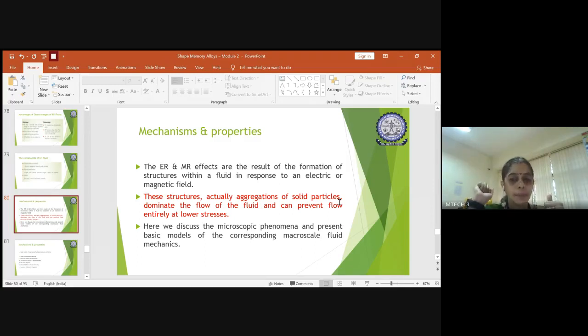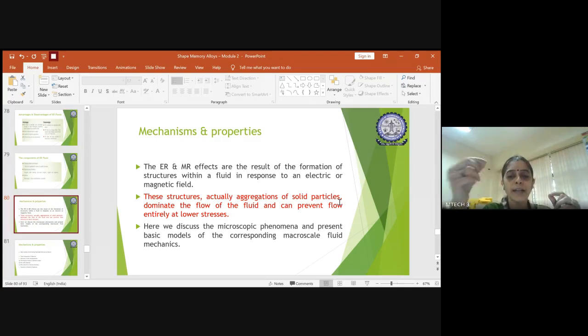flux absorbing capabilities. Similarly, if you are going for ER fluid, it is totally a dielectric material wherein you'll be adding some solid particles which have a tendency to provide some conductance in the fluid so that the electrical current can pass through. So it depends mainly on which effect you are using.